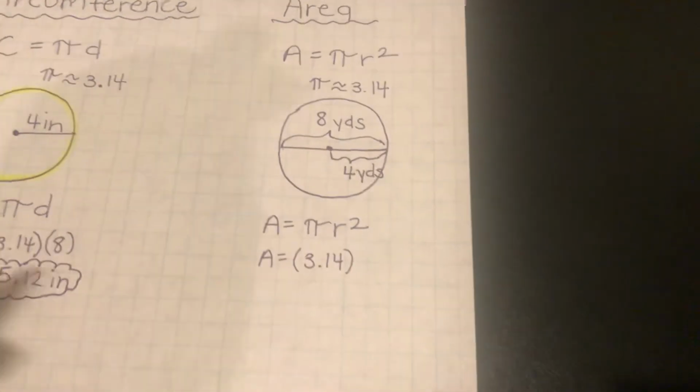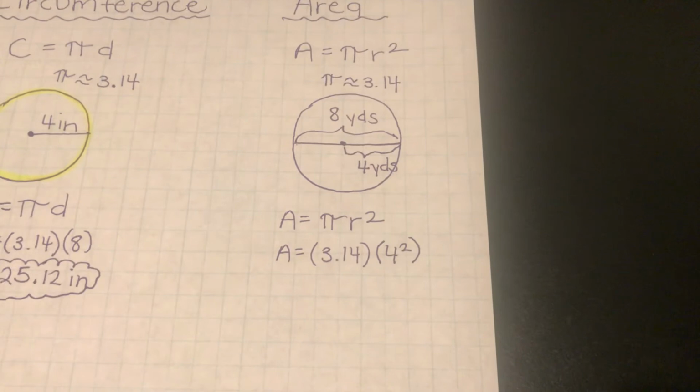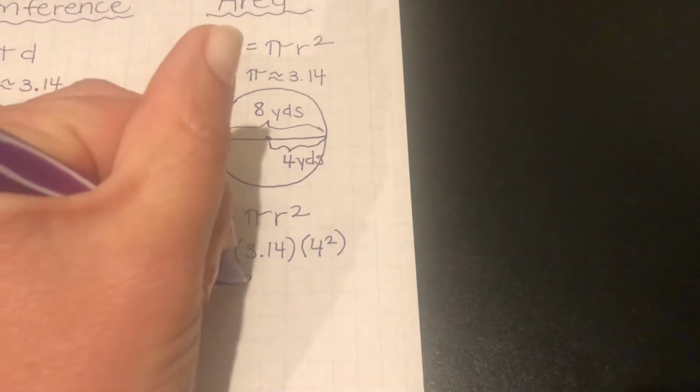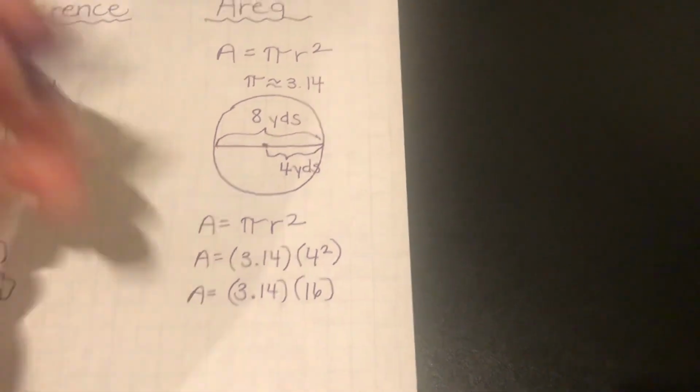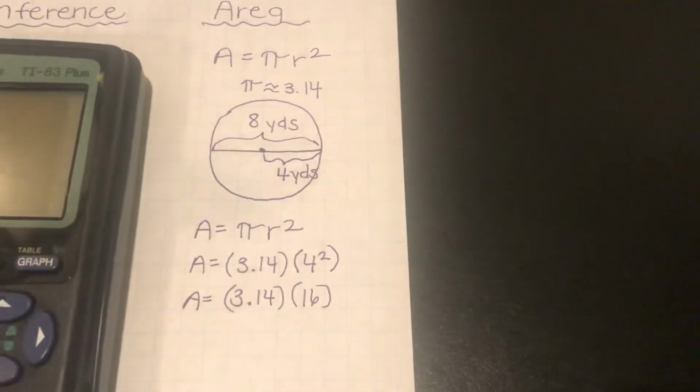So I'm going to substitute that in. So I've got 3.14 times 4 squared, which is not 4 times 2, but 4 times itself. So this is really 3.14 times 16. And again, we can use the calculator for that.